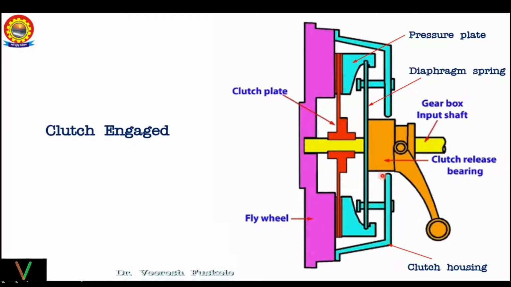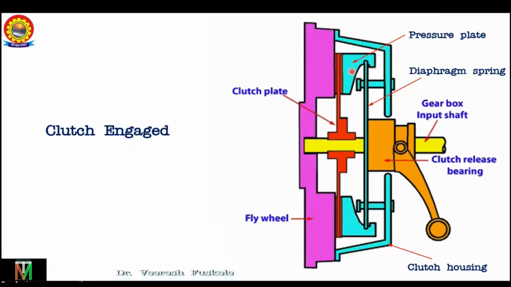Now typically what happens is, when the clutch is engaged, the clutch plate is pressed against the flywheel with the pressure plate. As the flywheel is rotating with the engine, what's going to happen when the clutch plate is pushed against the flywheel by the pressure plate?